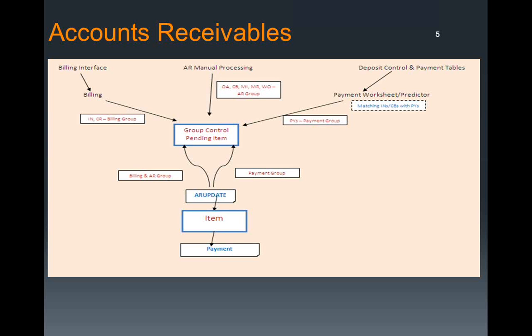After running the AR update, it becomes an item, right? Invoice is what we send to the customer, or we send it to the AR receivables as a pending item. Then we run the billing process.